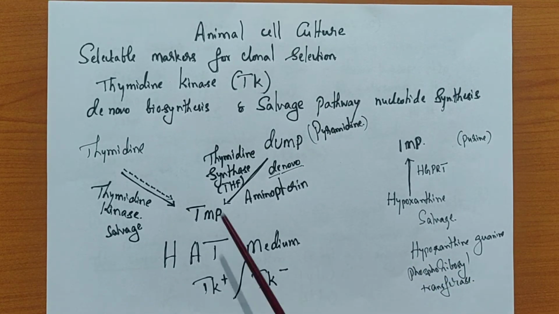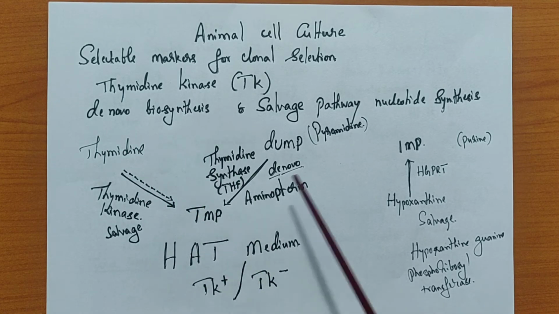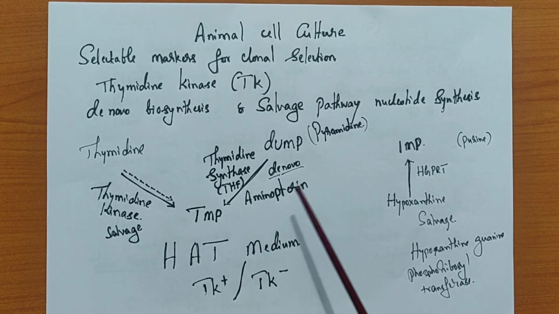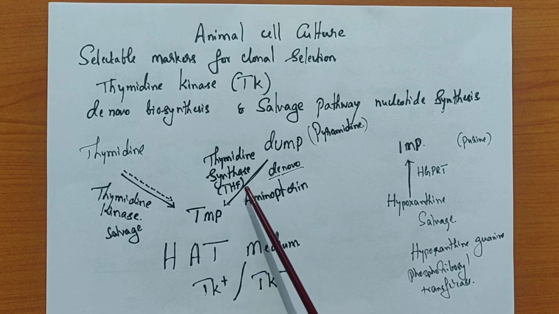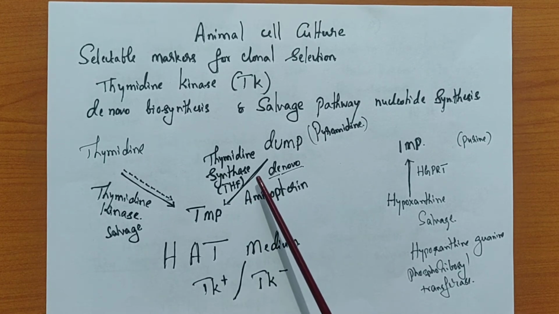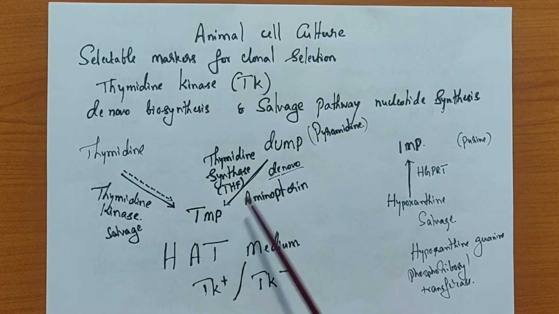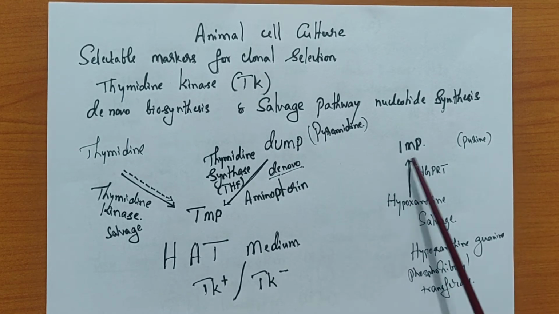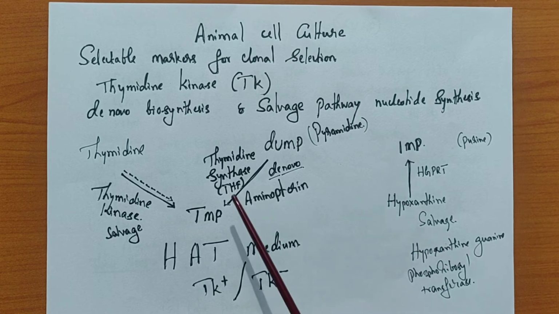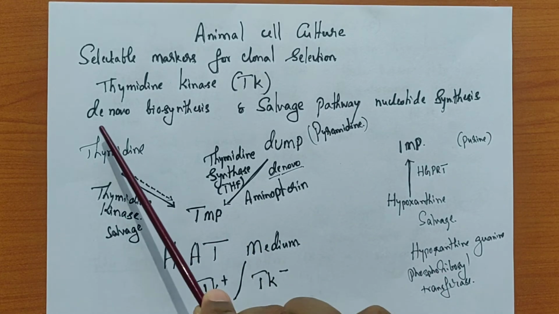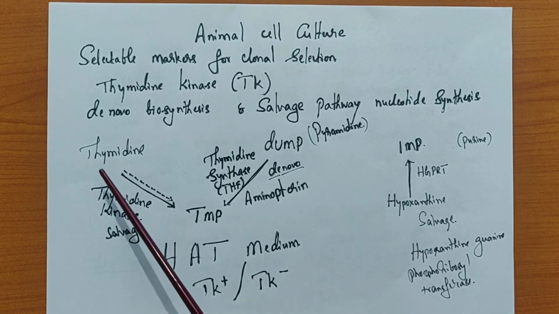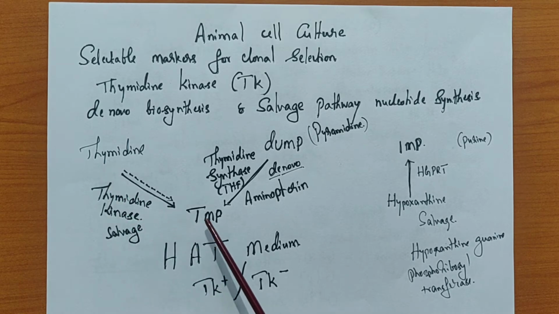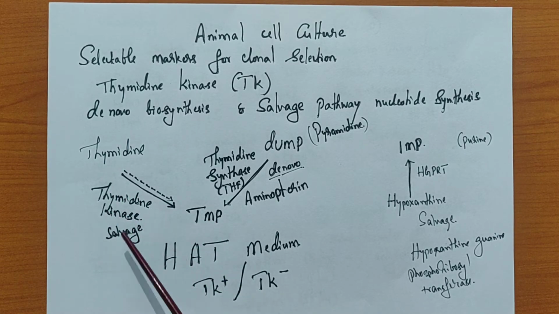So I repeat, in case of de novo biosynthesis, aminopterin blocks thymidine synthase and it inhibits the synthesis of TMP, that is with respect to the pyrimidine, and in case of the purine it is the IMP. Now in case of the salvage pathway, thymidine is converted into TMP using the thymidine kinase.